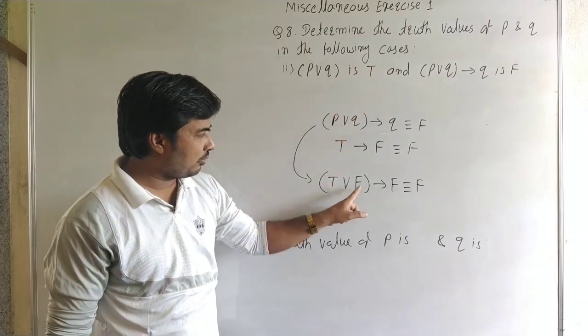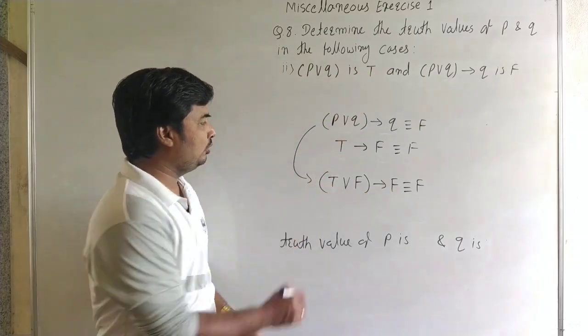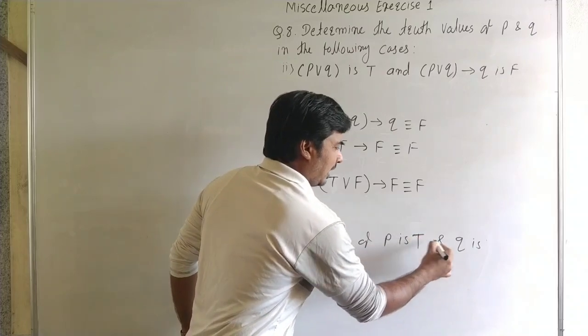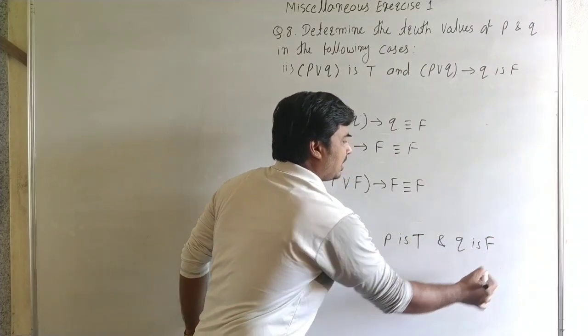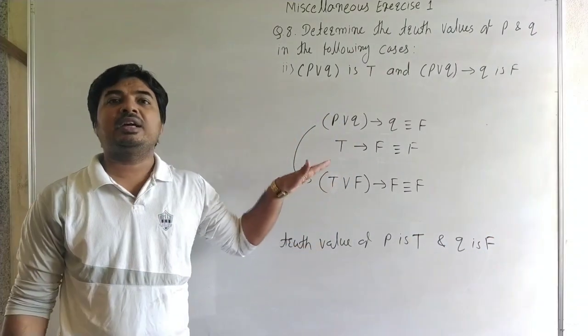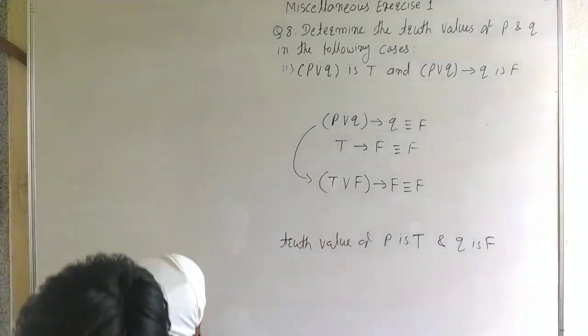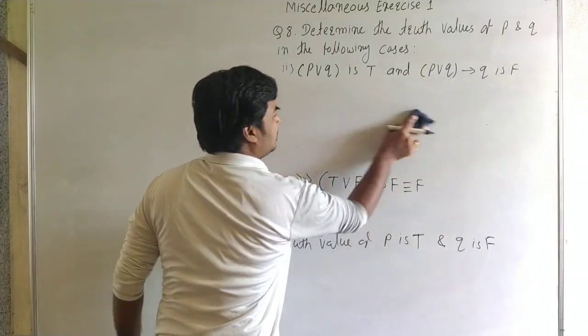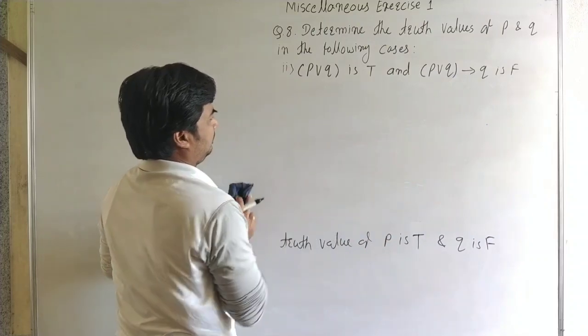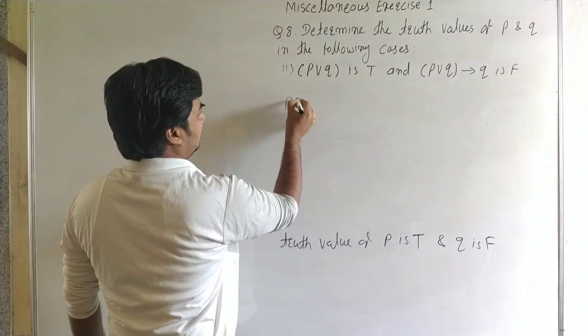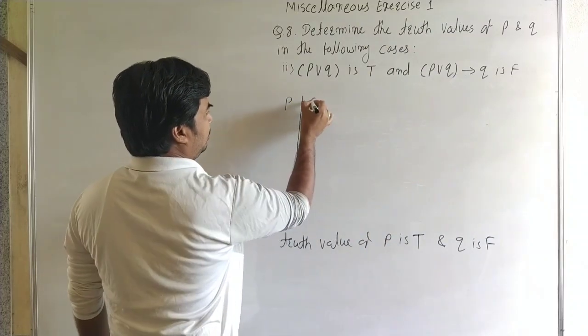Here true or false is true, that means the truth value of P is true and the truth value of Q is false. Here we can write directly, or by constructing the truth table. Here P, then Q.